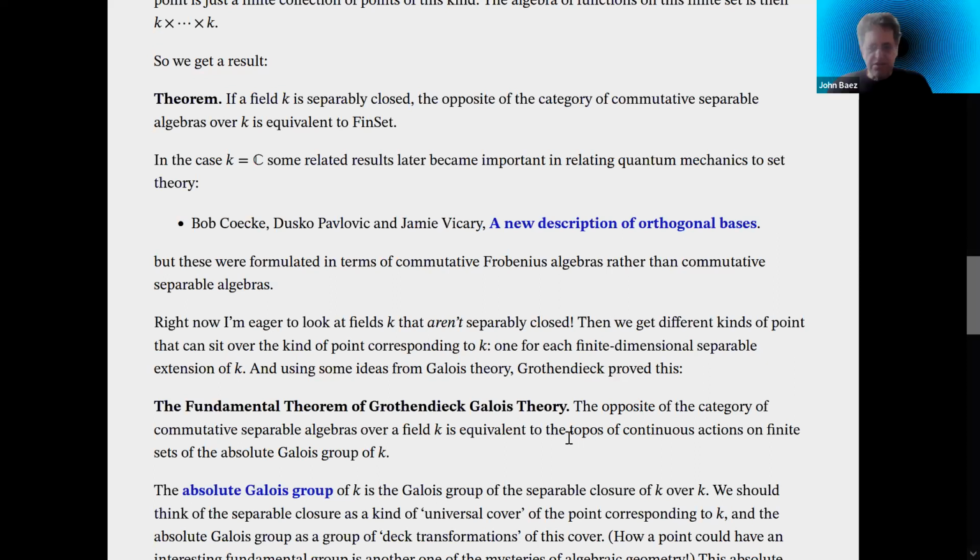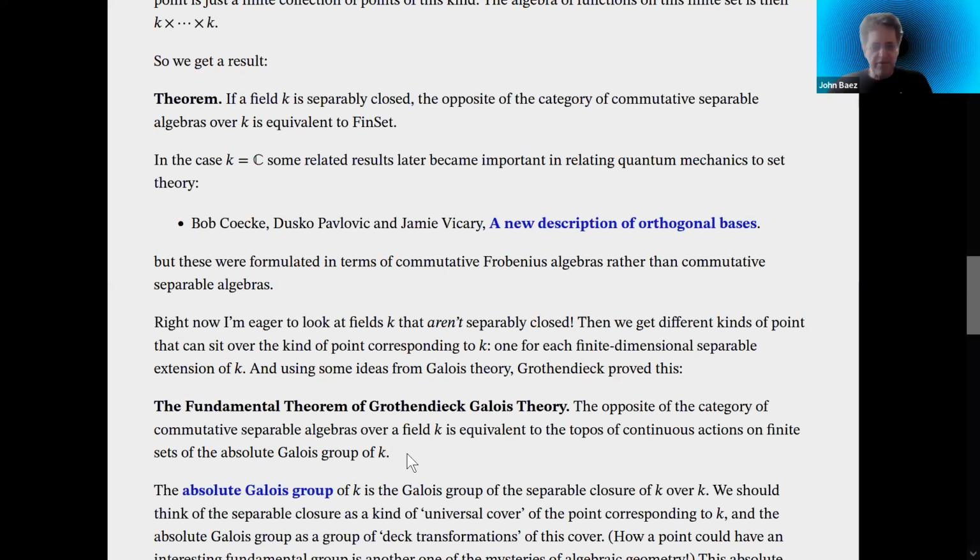But it turns out it's a Boolean topos. It's the topos of continuous actions on finite sets of the absolute Galois group of the field.